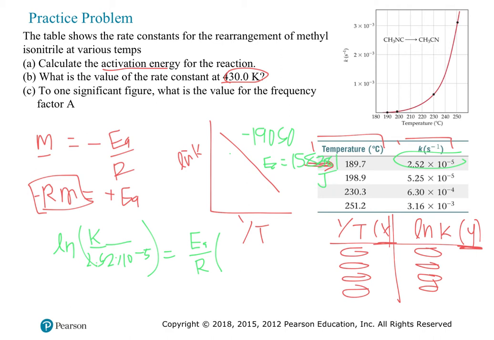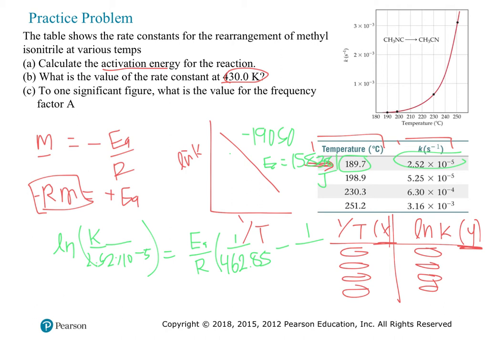Now that is the temperature used for our first point. So we'll do 1 over, then make sure that's in Kelvin. So that is 462.85 minus 1 over our temperature we care about now.